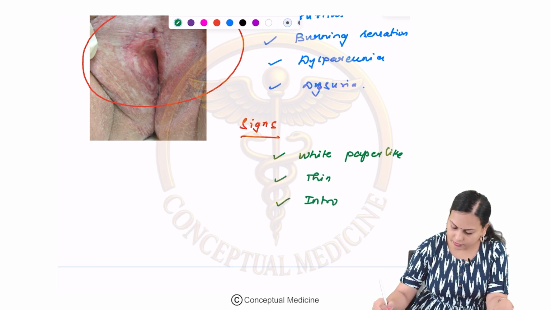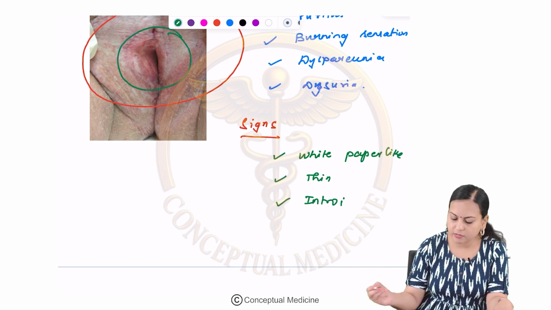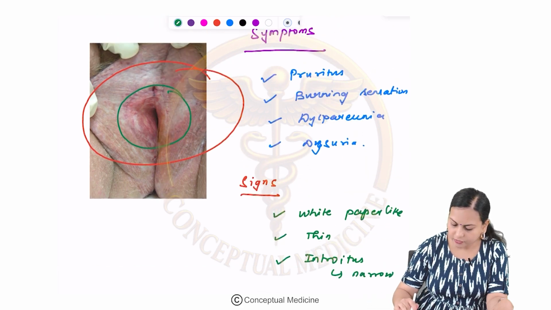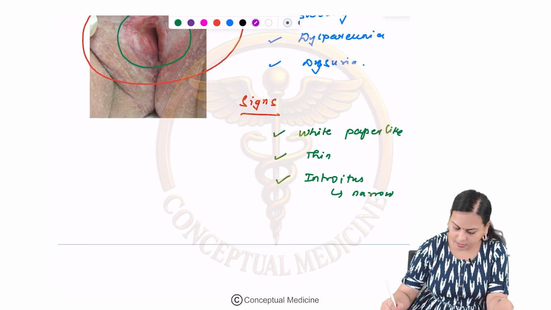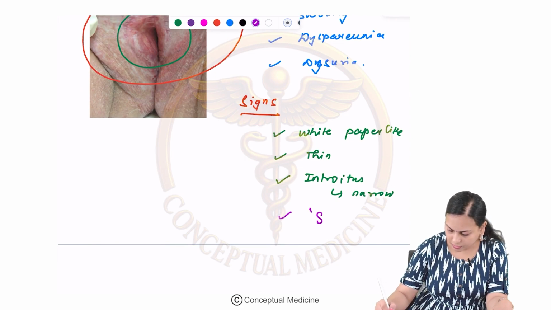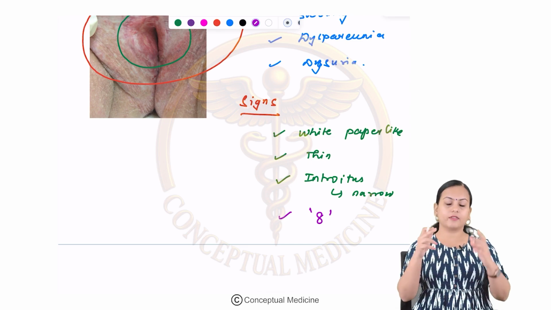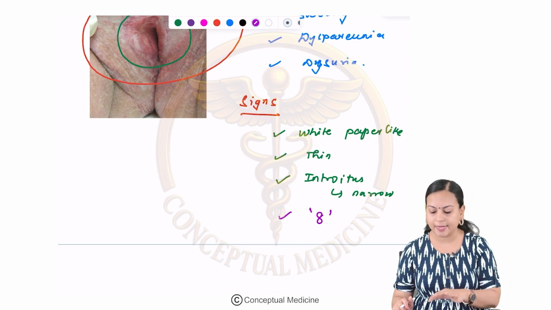Can you see the introitus? It has become very narrow. So the introitus becomes narrow, and in some lesions, because of the constriction that is happening, the entire vulva takes the figure of 8.